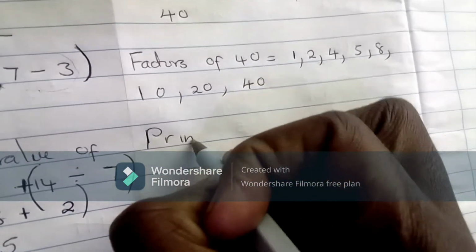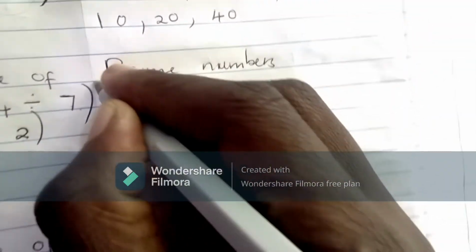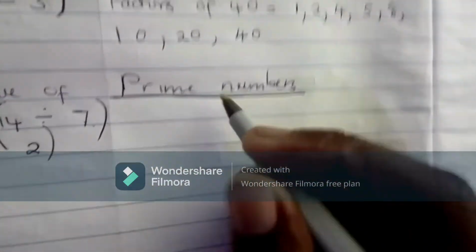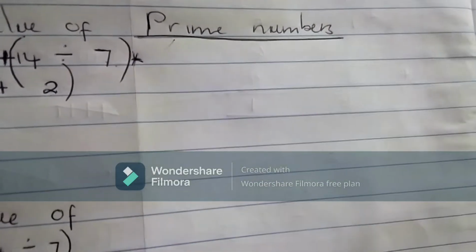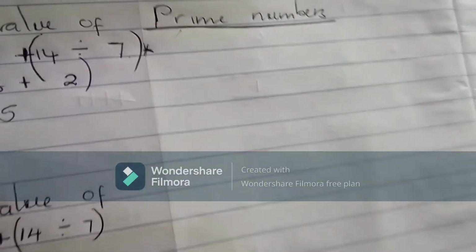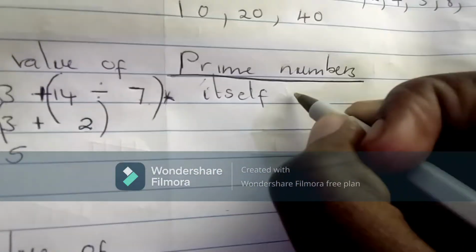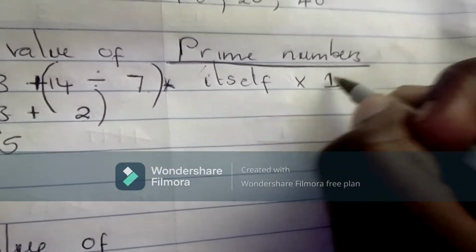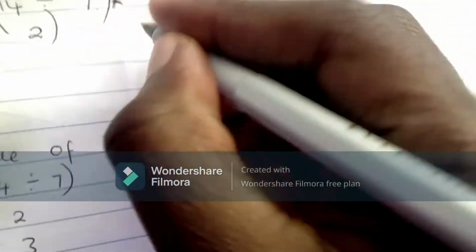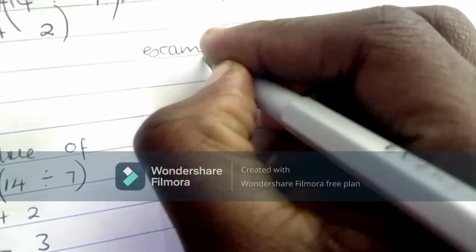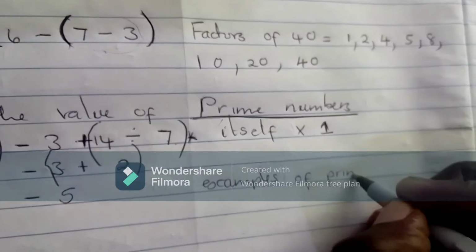On prime numbers, we are saying a number has got two factors, itself and 1. That's what we are saying on a prime number. The likes of prime numbers are examples of prime numbers.